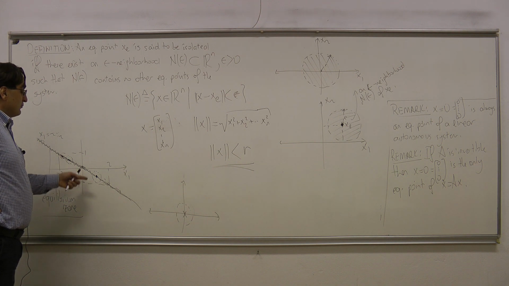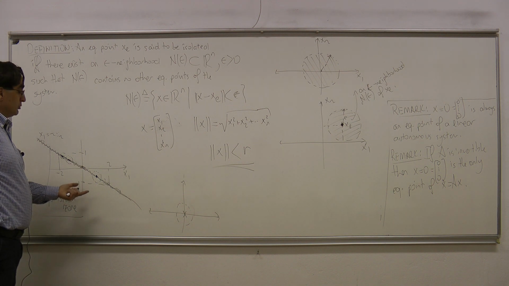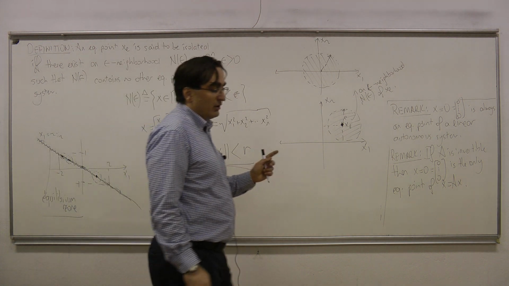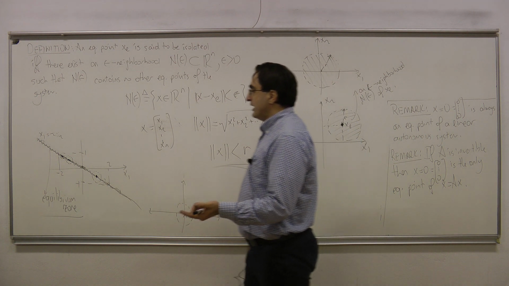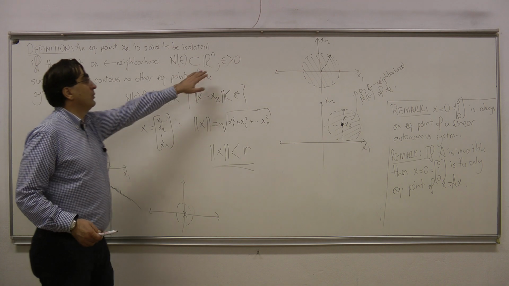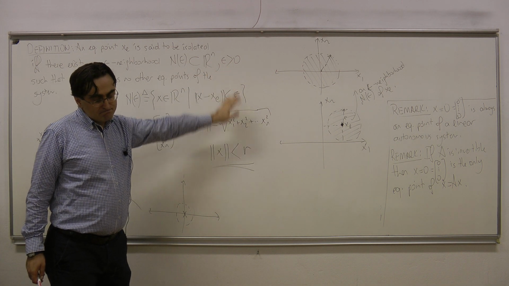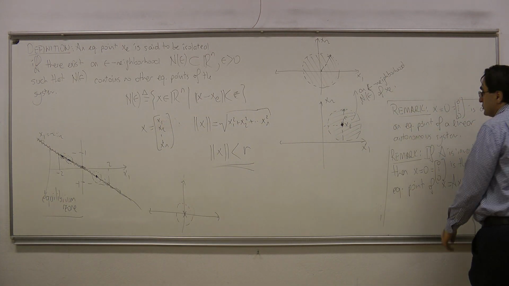The task is finding an epsilon neighborhood in which there exists no other equilibrium points than this one in the same neighborhood. If I can find such an epsilon neighborhood around that equilibrium point, I would call that equilibrium point an isolated equilibrium point. Okay? And I can make that epsilon as small as possible as long as it is positive. Any positive number would do, but it cannot be 0, of course.